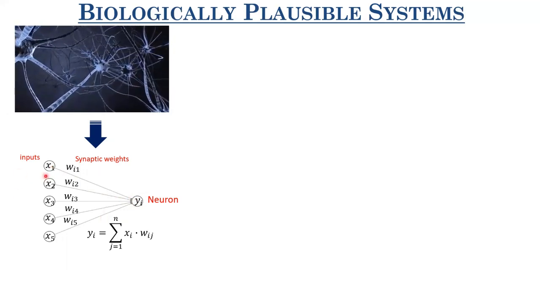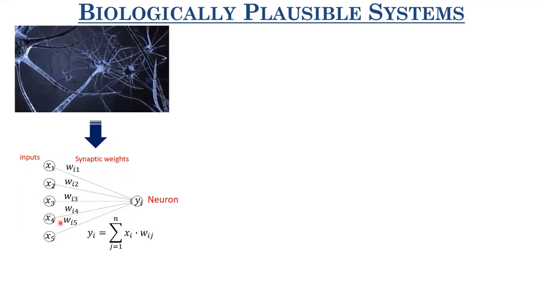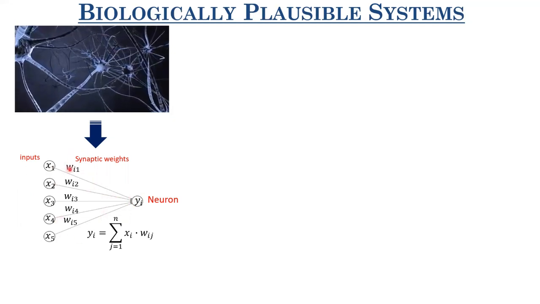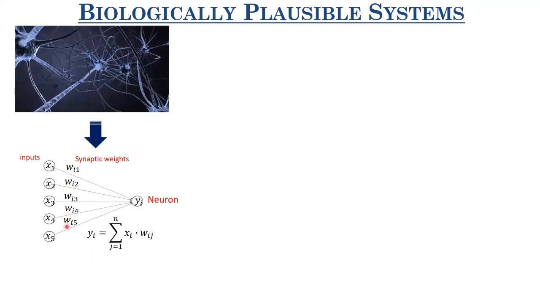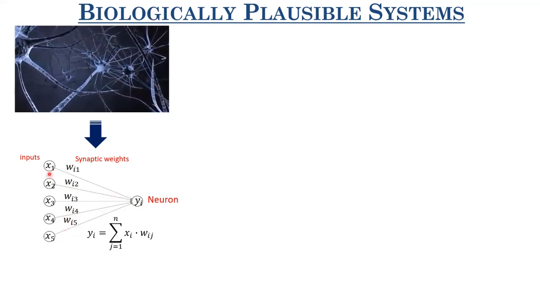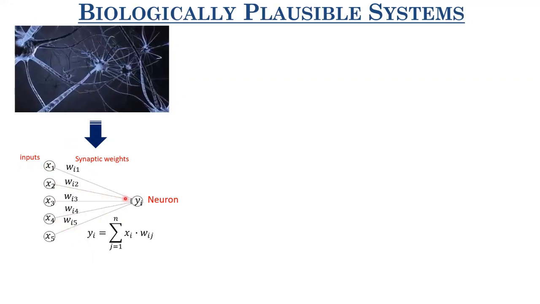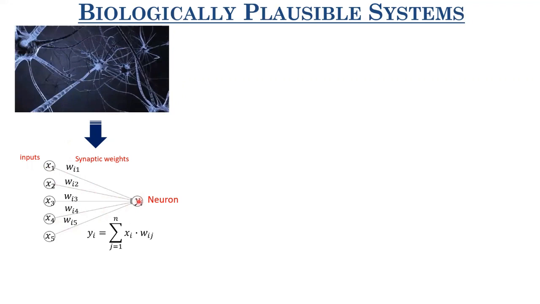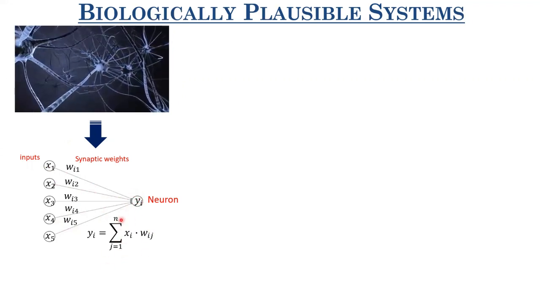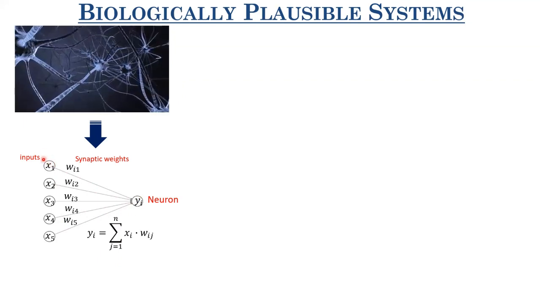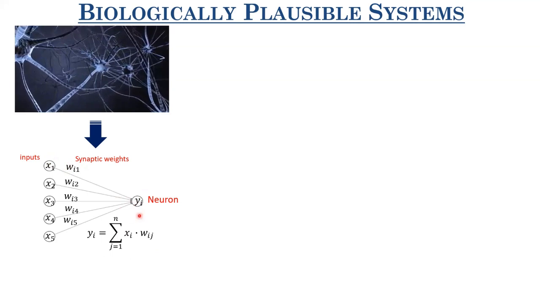Whatever inputs are coming from the sensory nodes, such as your retina, are multiplied by the synaptic weights present in your brain. These synapses carry some weight, and the input information from the retina is multiplied by that. In the ganglion cells, which are the neurons in the brain, vector by matrix multiplication is performed. That is, you add the products of the input information with the synaptic weights, and that is the input of this neuron.